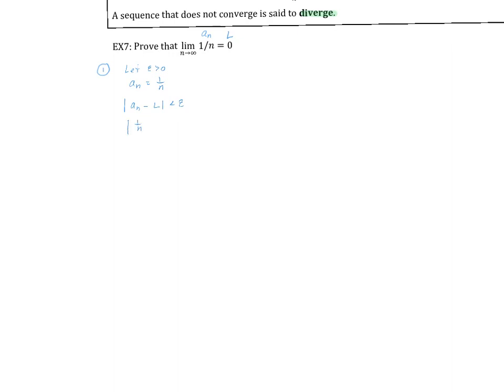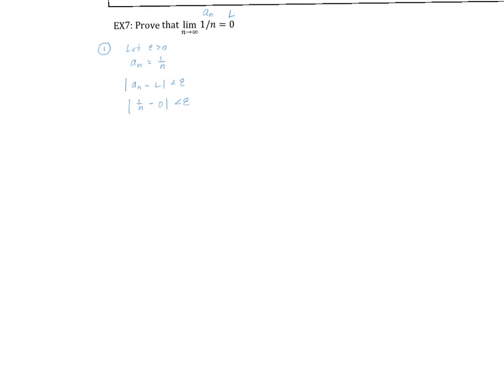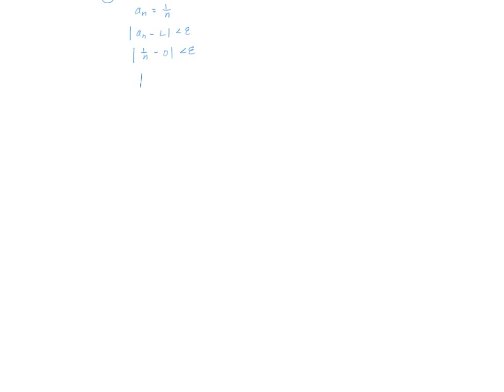That's 1 over n minus 0. So this is where I'm at. I need to find this capital N. I have the absolute value of 1 over n is less than epsilon. And I don't need the absolute values because remember our limit is as n goes to infinity. n is not going to be negative. So I can drop them.